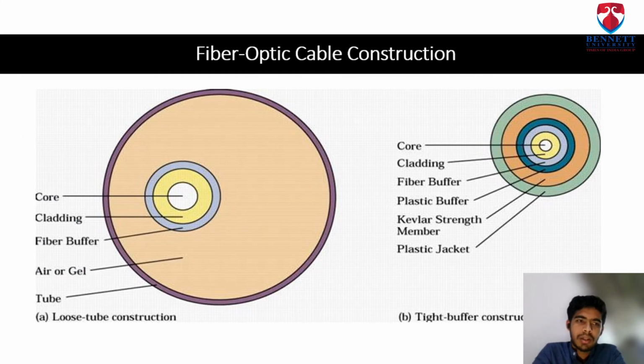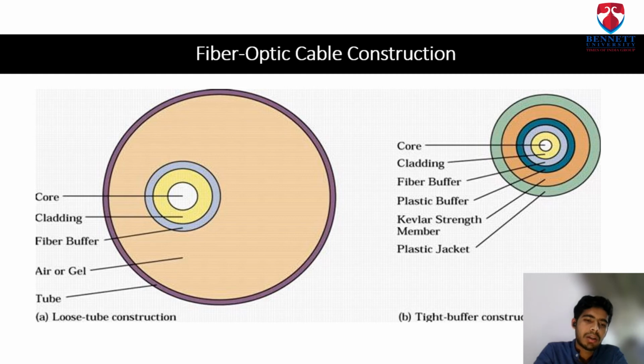Now let's discuss the optical cable construction. There are two types of fiber optic cable as we can see in the image. One is loose tube cables and the other one is tight buffer cable. Loose tube cables are specially designed for harsh environments. They protect the fiber core, cladding, and coating by enclosing everything with semi-rigid protective sleeves or tubes.